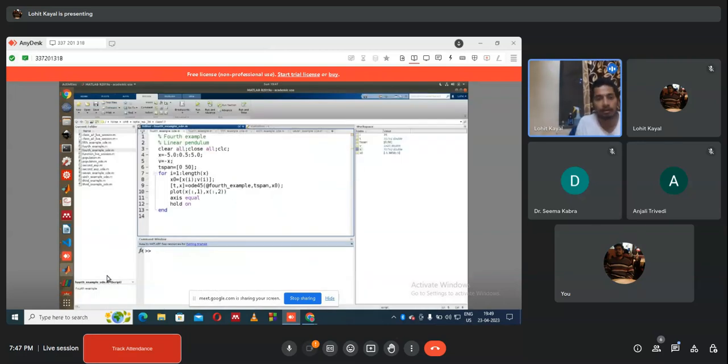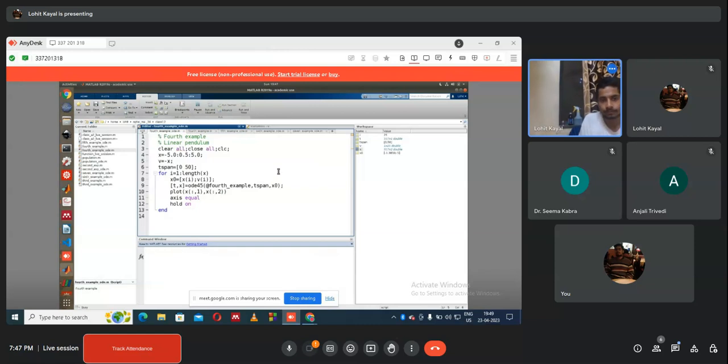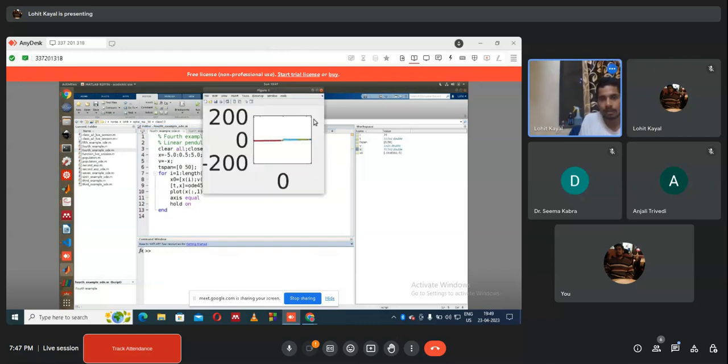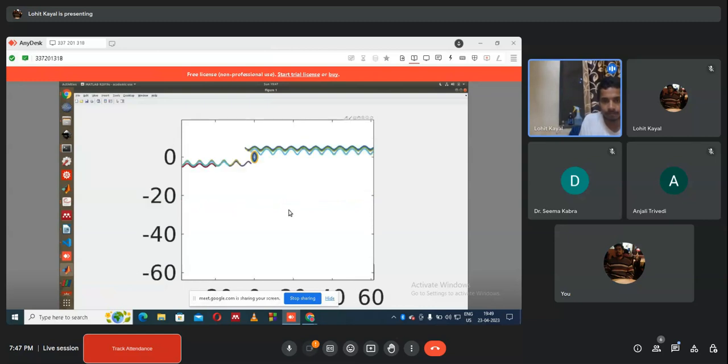Now if I change it to sine of x, the original pendulum equation, I need to change this with sine of x1. Now you will see that everything will change. It is a little difficult to see, but I will show you.